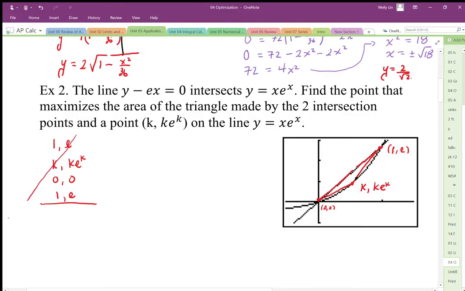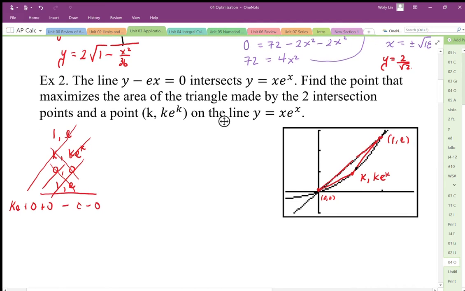So I get k e, this is 0, this is 0. So it's k e, and then we're going to subtract the other cross product. So this is 0, this is 0, and then we get k e to the k. Oops, sorry.